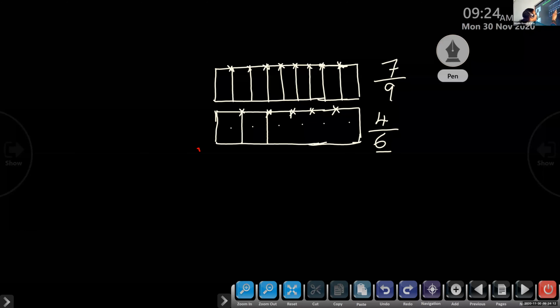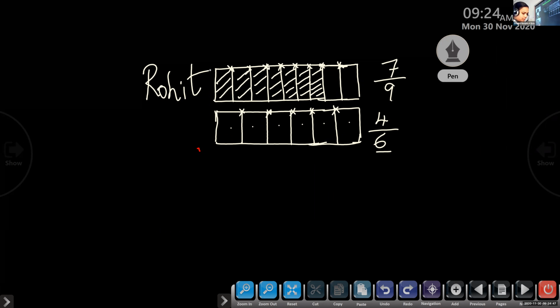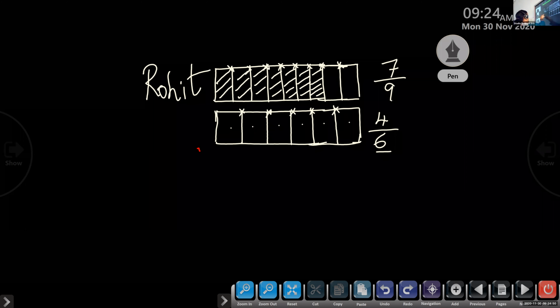Okay, children, now shade 7 parts from 9: 1, 2, 3, 4, 5, 6, 7. 7 by 9. Who covered 7 by 9? That is Rohit. So this fraction is for Rohit. Rohit covered 7 by 9 of the distance, and 4 by 6 for Arun.